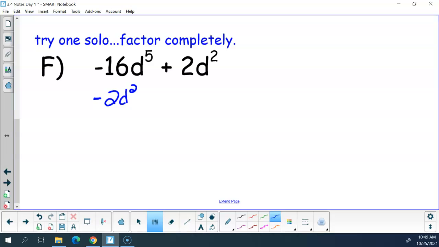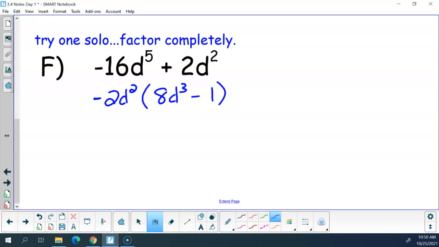So what's left over now? What times negative 2 gets me negative 16? 8. How many d's do I need? I need 3 of them. What times negative 2 gets me positive 2? Negative 1. So then this becomes negative 1. 8d cubed.